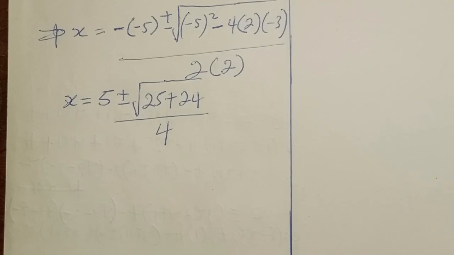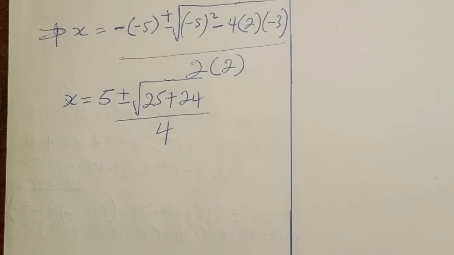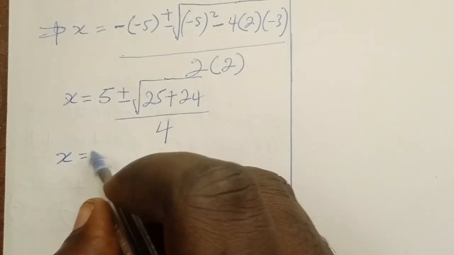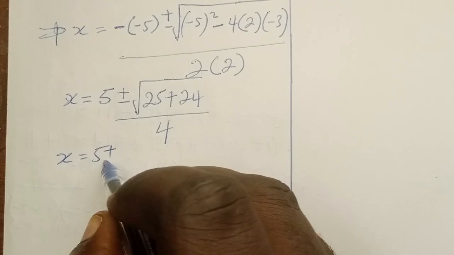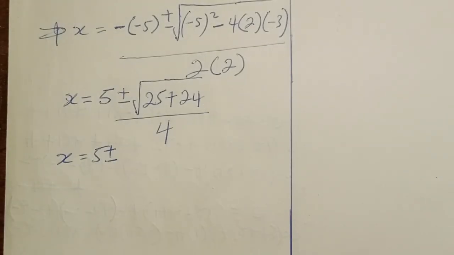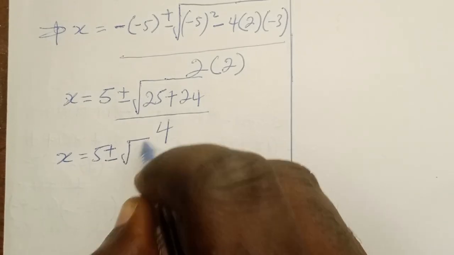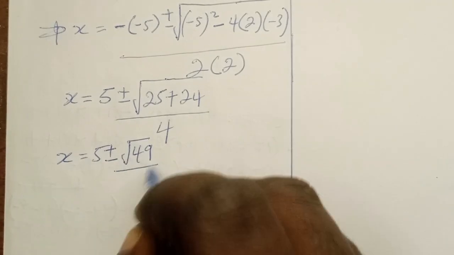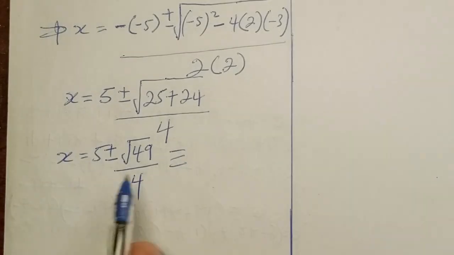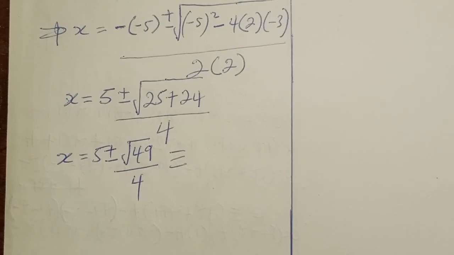Okay, now looking at this area, we have x is equal to 5 plus or minus. So we have 25 plus 24, it is 49. So we have square root of 49 divided by 4. The root of 49 is 7.